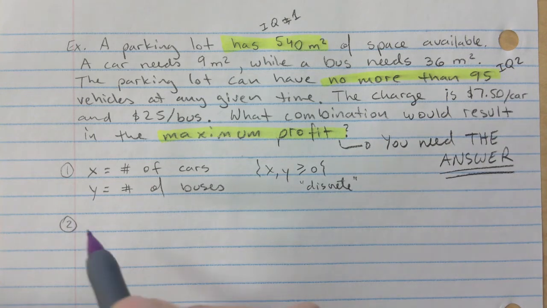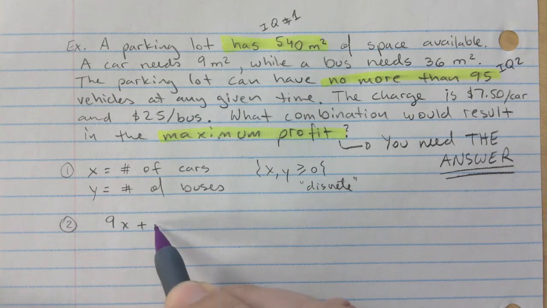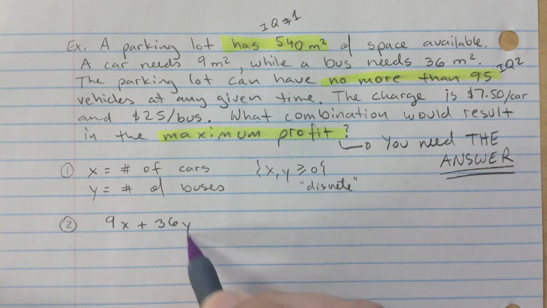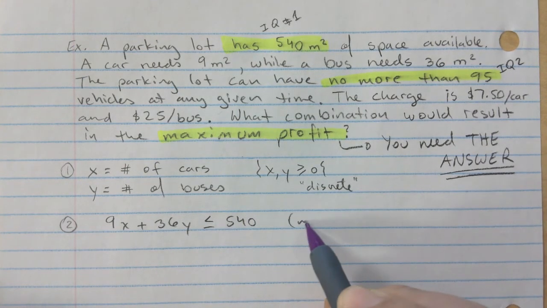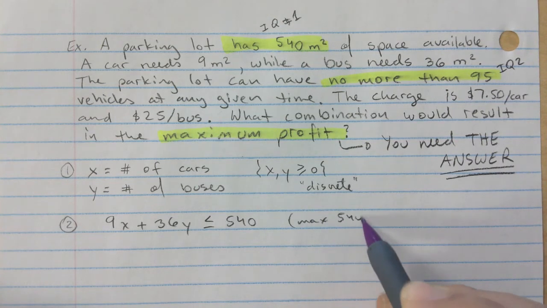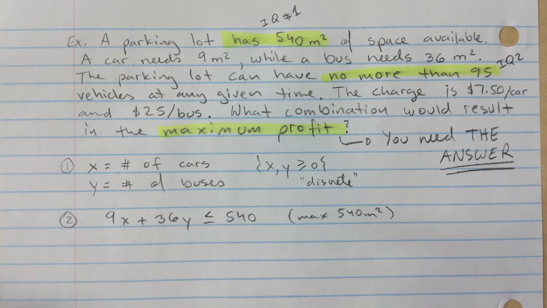So let's come up with our inequalities. First the 540, so that'd be 9x plus 36y, that has to be less than or equal to 540. Maximum of 540 square meters, right? And then it says that you cannot have no more than 95 vehicles at any time.